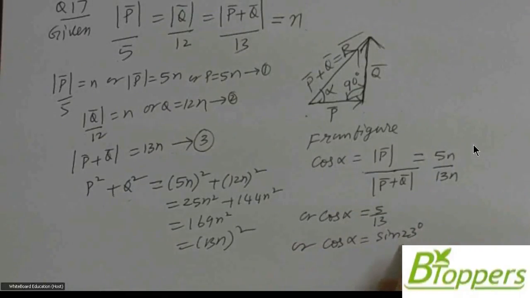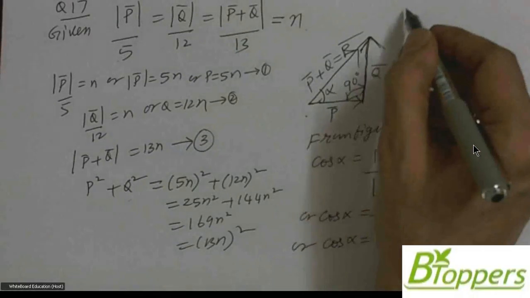That means here the value of cos alpha is same as sin 23 degrees. So using the relation in trigonometry, sin (90 minus theta) equal to cos theta, or cos (90 minus theta) equal to sin theta. You can use that relation here.